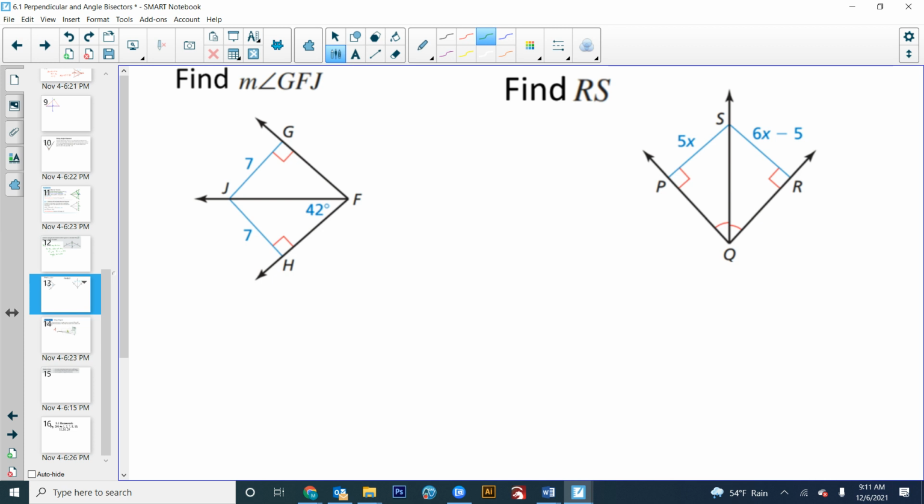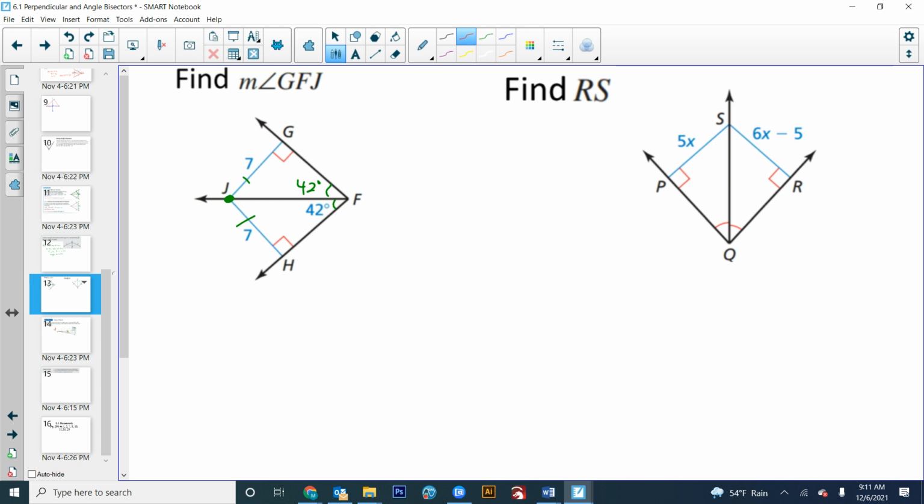Looking at the picture, is J equidistant to the sides of this black angle? Yes, 7, 7. Therefore, JF is the angle bisector. This angle has to be 42. Now let's see what they're asking us. They're asking us for GFJ.